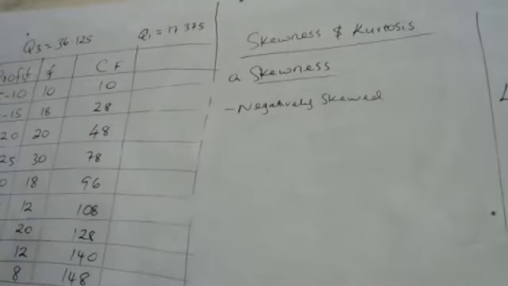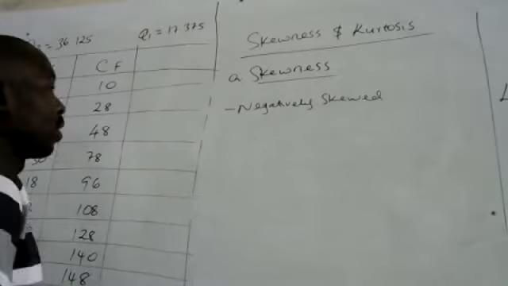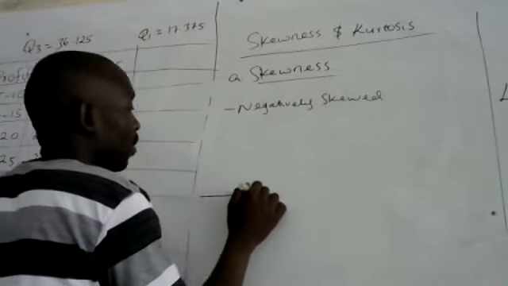Majority of the data are towards the right. And the left tail is longer. So it can be presented like this.